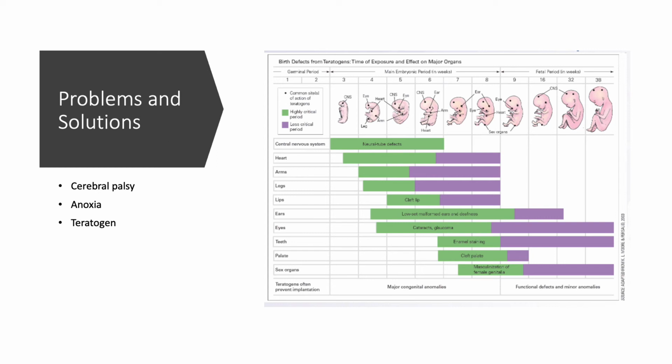So central nervous system and the critical periods. You probably need to make sure you remember these critical periods because there are many things that you will study over the next few years that will be specific to those periods.